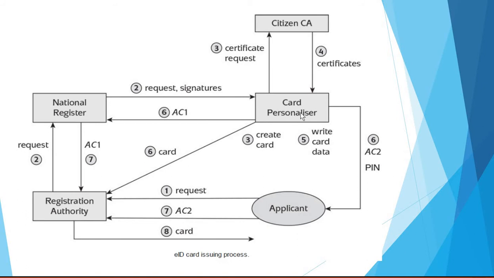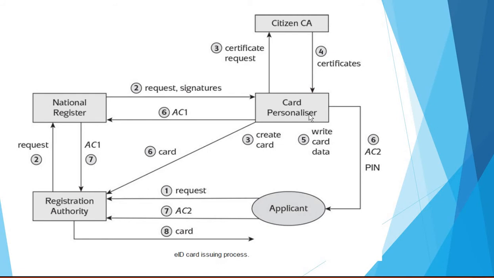That also will be sent to the card personalizer. It will be forwarded to the citizen certification authority. After the citizen CA receives the certification request, it will forward the certificate back to the card personalizer. So the card personalizer only will generate the card.